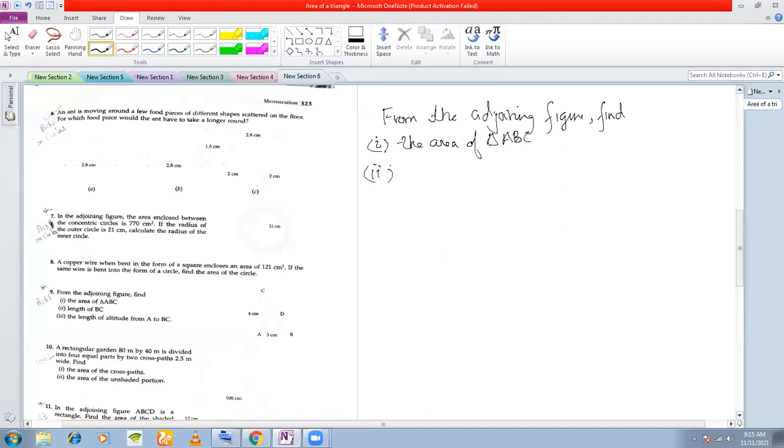Second, length of BC. Third, the length of altitude from A to BC.